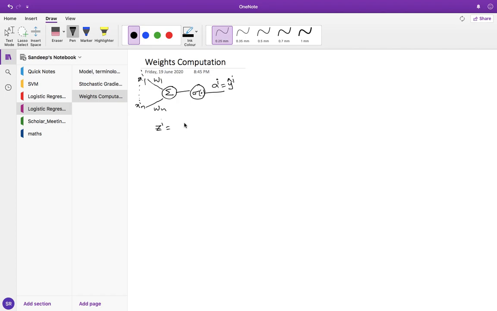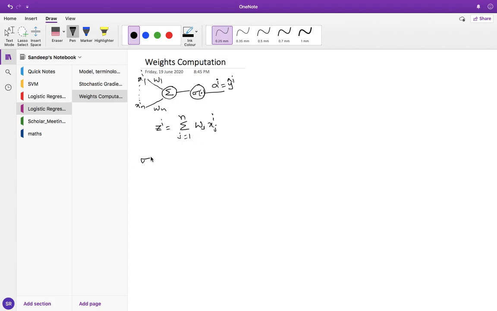So zi, I'll define as sigma over j equal to 1 to n of wj xj, where xi is the notation for the ith input. So this is how zi is defined. It is a summation of the products of all the inputs and the weights, so we have the sum of products term.